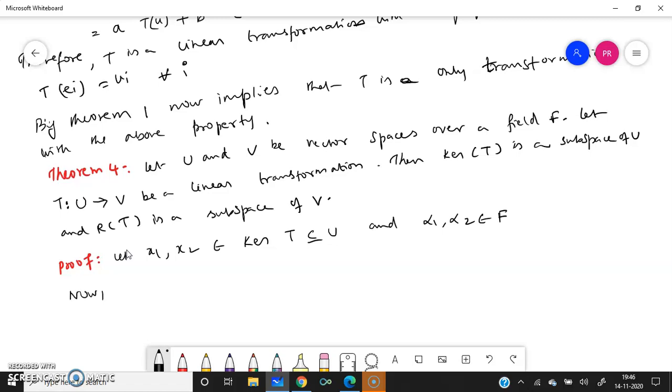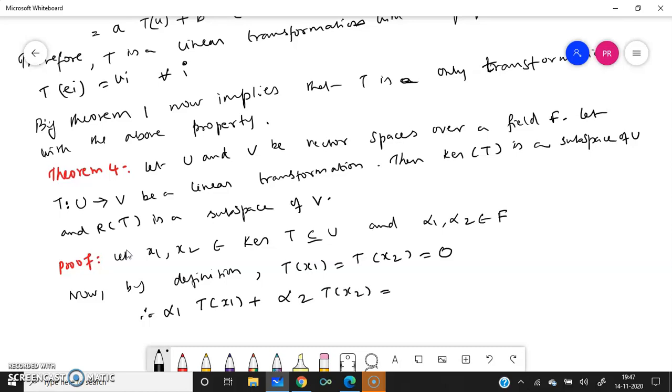Now by definition, T of x1 equals T of x2 equals 0, because x1, x2 belong to the kernel of T. Therefore, alpha 1 times T of x1 plus alpha 2 times T of x2 is alpha 1 times 0 plus alpha 2 times 0. So ultimately we get 0, and we'll mark it as equation 1.